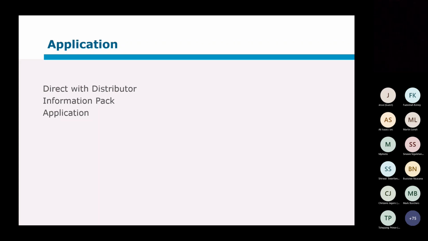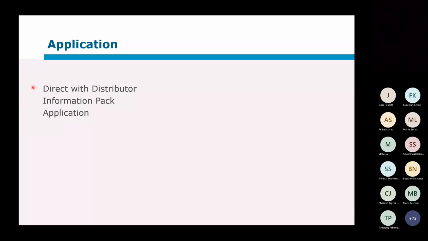That can be directly with the distributor. And that's also contained in the grid code.